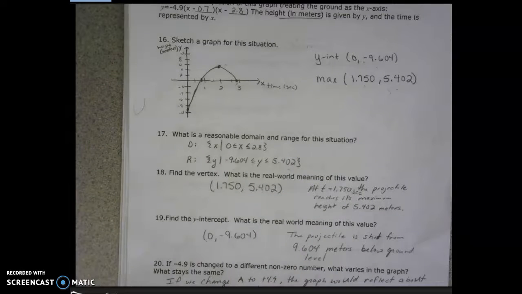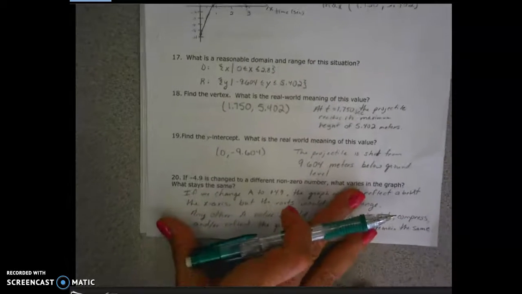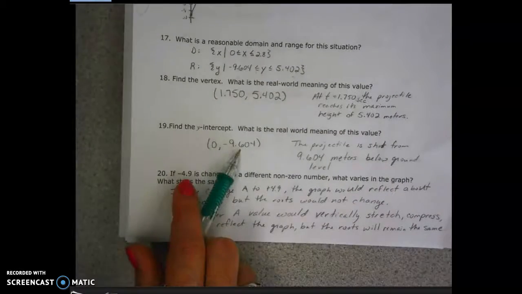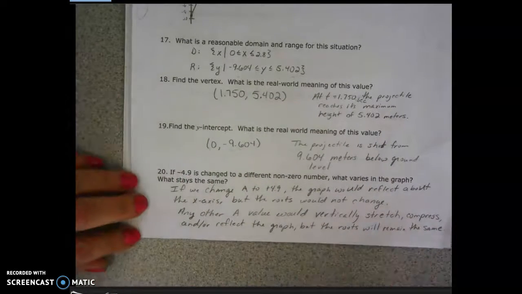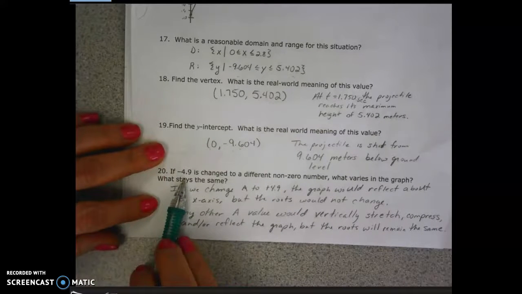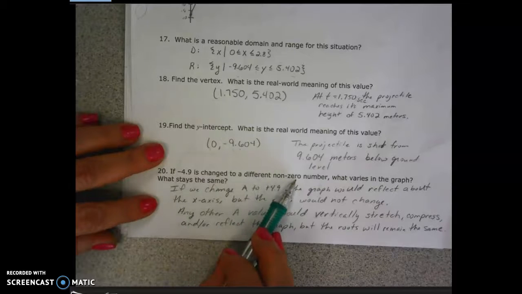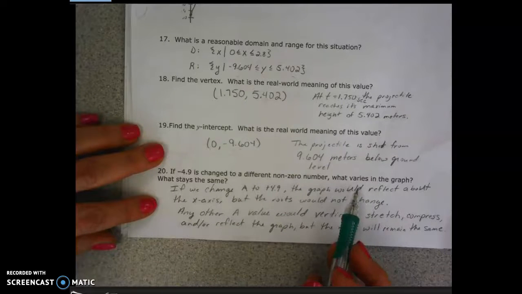We've got to transition you from middle school honors to high school AP, honors and AP. We want 3 decimal places. And then finally, the last one, which I think is interesting: if you change the negative 4.9, the a value in the front, to some different non-zero number, so you can't put it as 0, what changes in the graph?